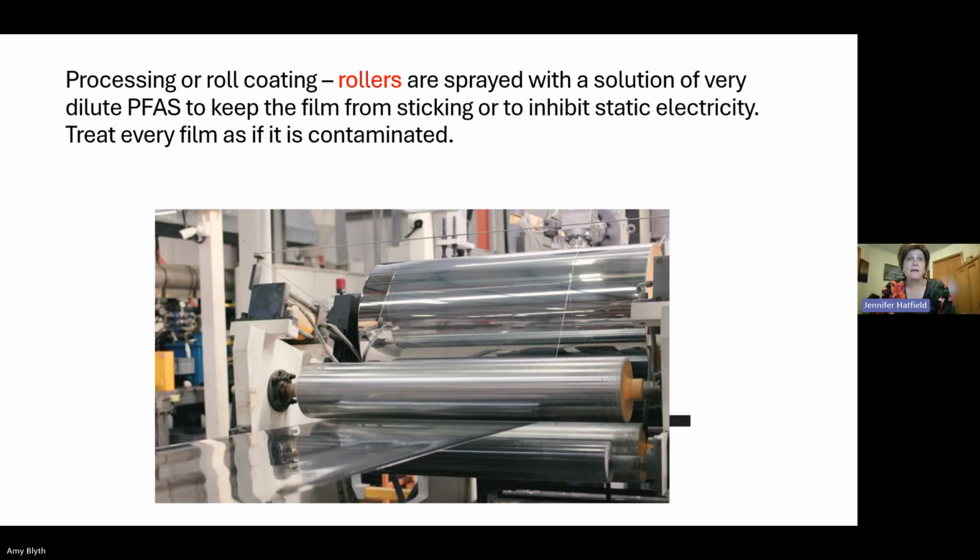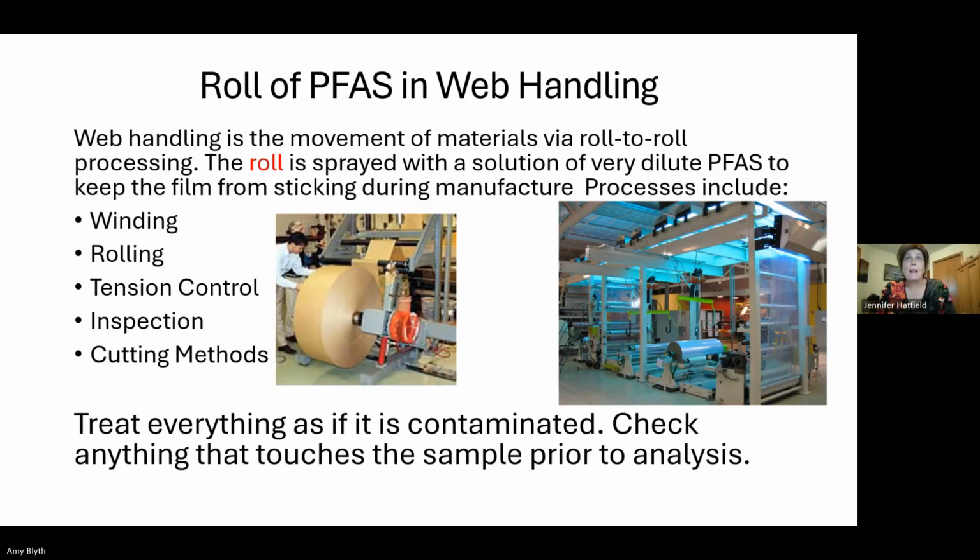Next slide, I believe I have one more. So they also use this, they call it web handling. They spray it on things, just moving everything and starting processing. They spray with very dilute PFAS to help the film from sticking during manufacture.